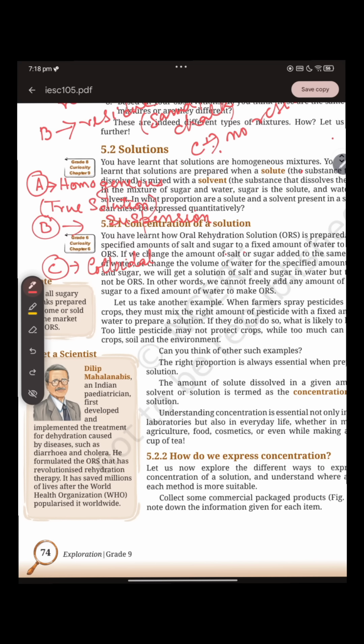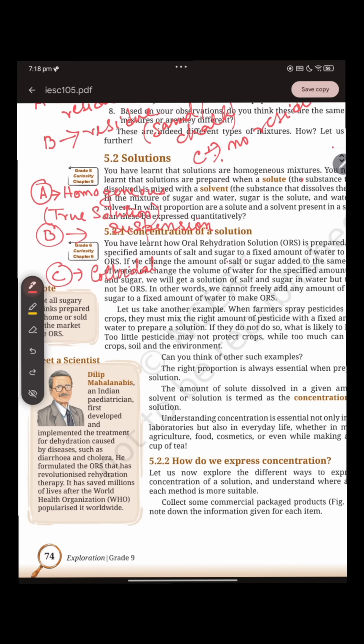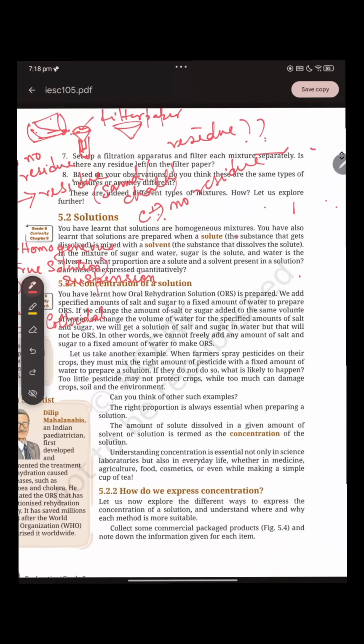So next is what? Next is filtration, whether you can separate the components by filtration. So remember one thing, that for a true solution, I said what? The solute particles are very, very small. Colloid in between. So what is that dimension?